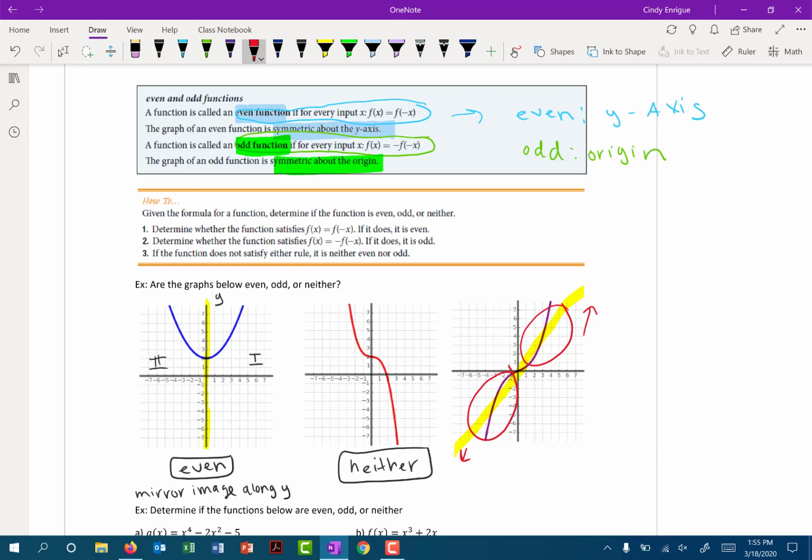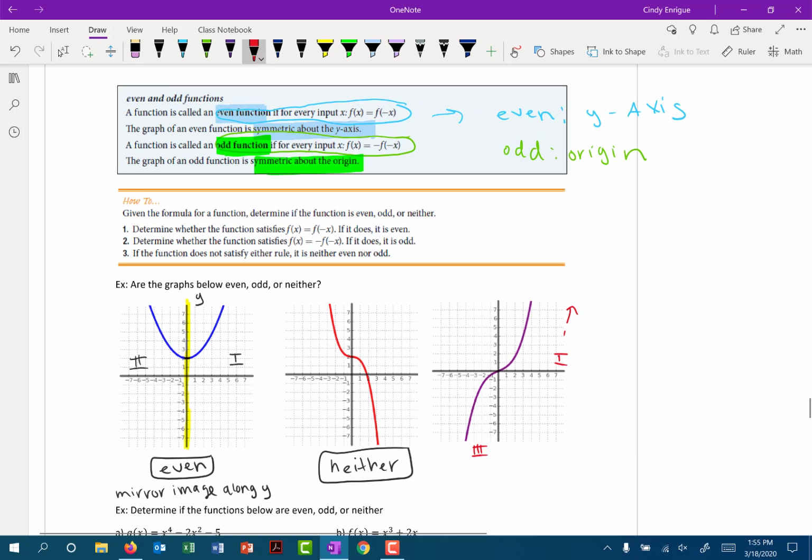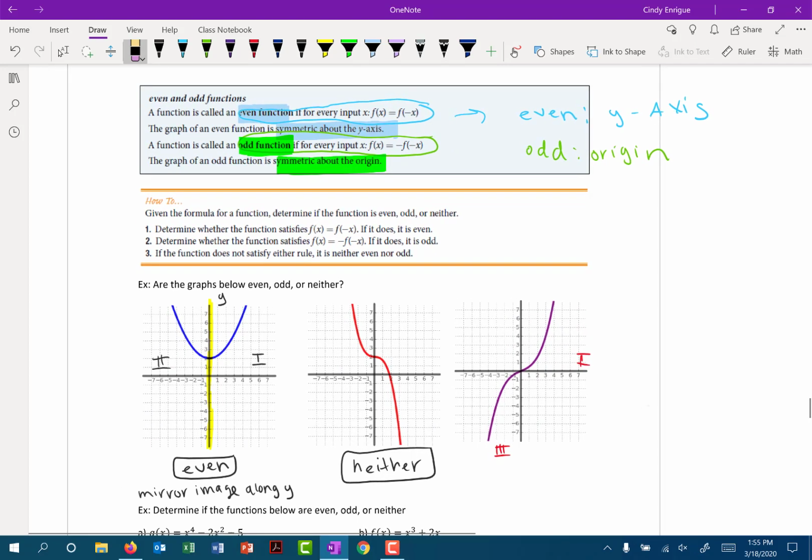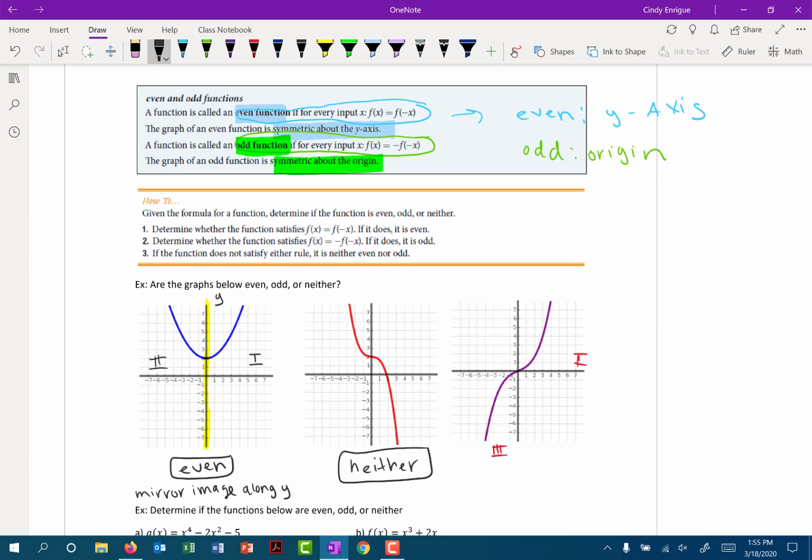And if you think about it, you can fold over quadrant 1 to look the same as quadrant 3. And because that is so, I can definitely say that these are symmetric. Okay? So quadrant 1 and quadrant 3 are symmetric. So because that's so, I'm going to say that this is symmetric along the origin.